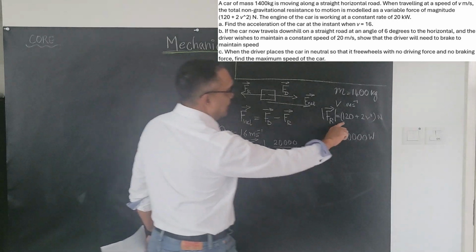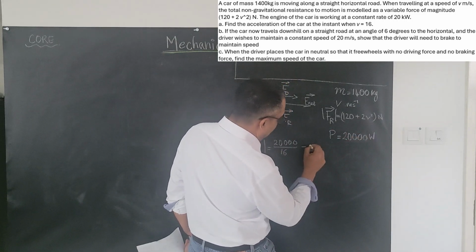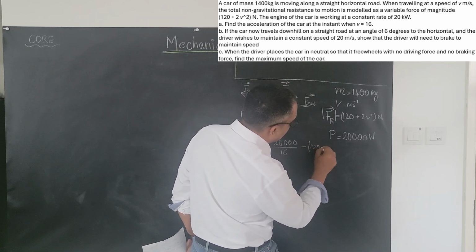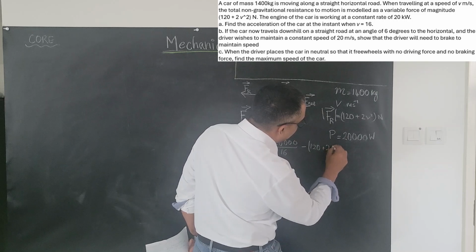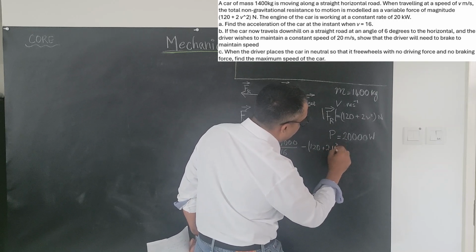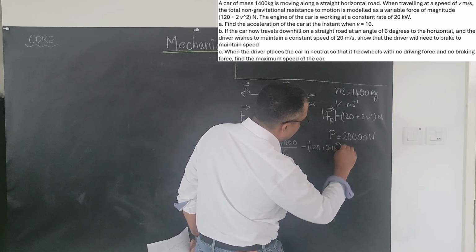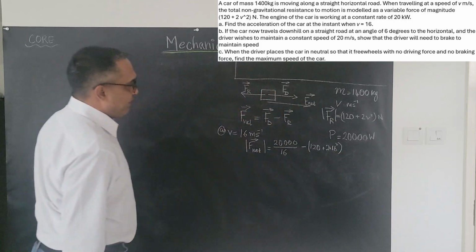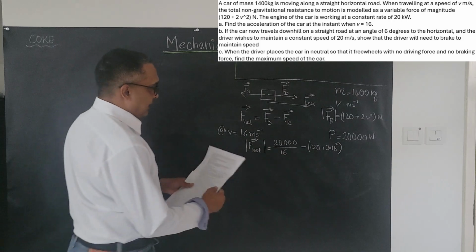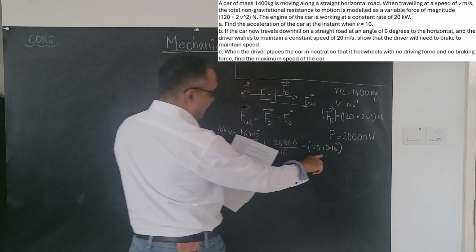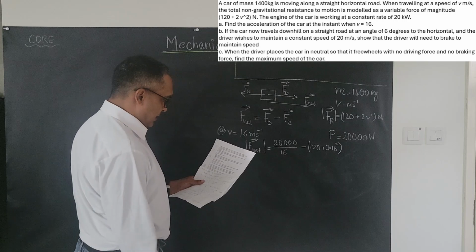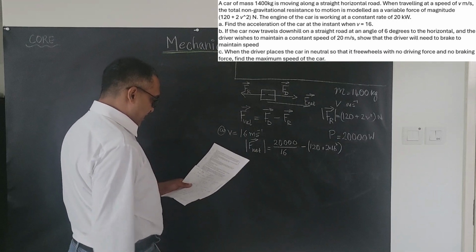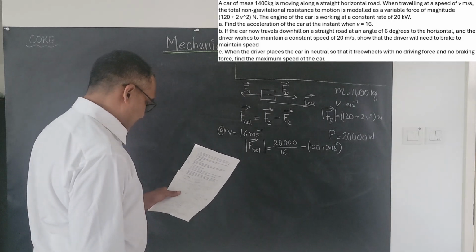That force is given by this equation, which is 120 plus 2 times 16 squared, which would give me, if I did the math, 16 squared is 256. I think I would have, what would be this net force roughly?